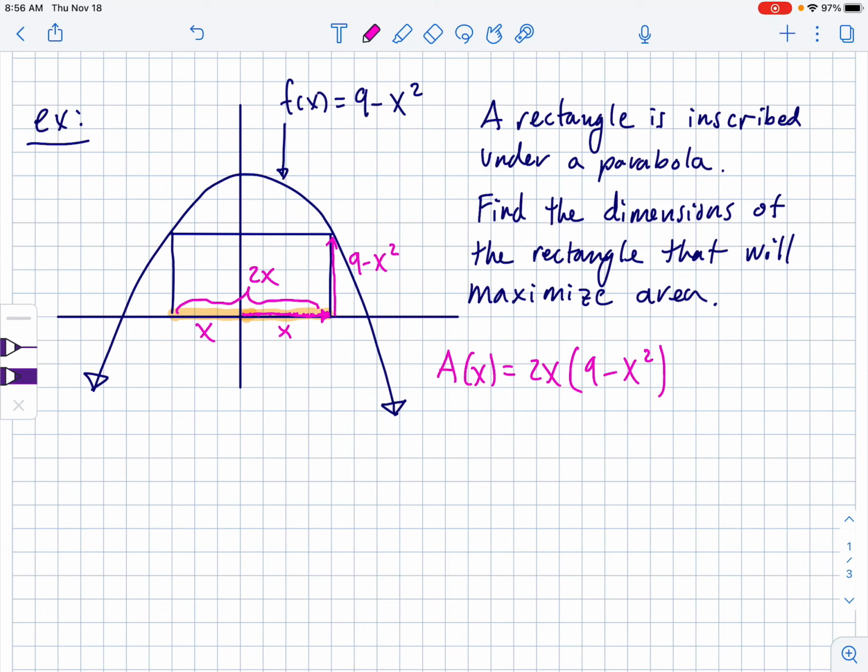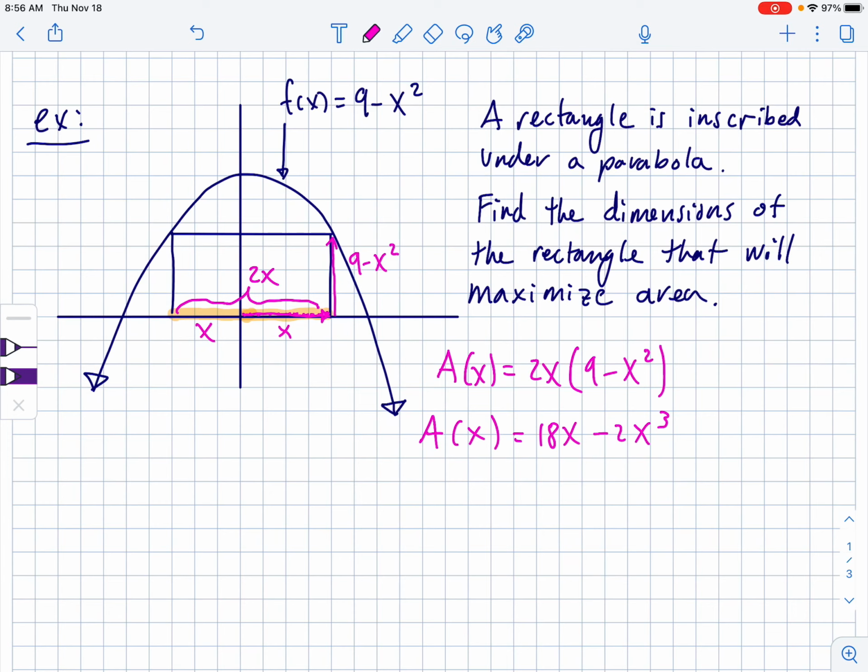That's length times width. I'm going to distribute that 2x rather than use a product rule. I guess we could use a product rule to find the derivative, but I'm just going to distribute. So we get 18x minus 2x to the third. Now that is the area equation.